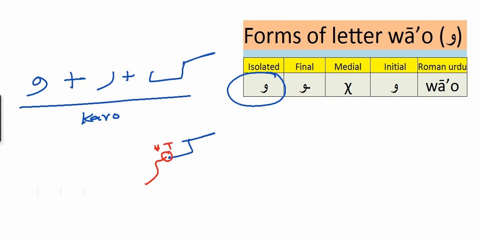Kar, and then Waw will be separate because Ra is also the same like Waw, which is not accepting any letter after it, because we use final Ra. So then this Waw we will use it here, Karo.